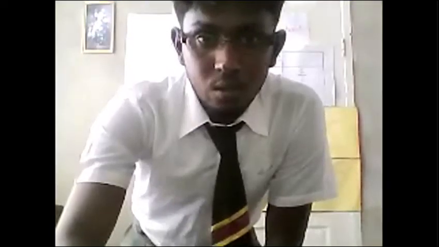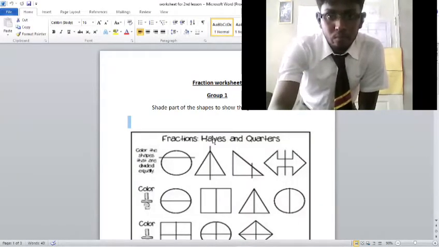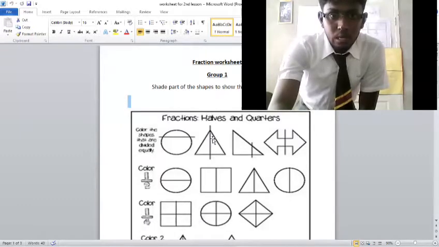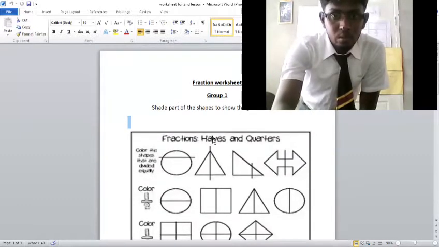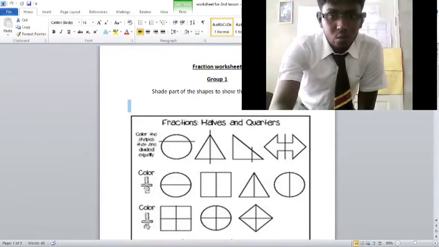Okay, good. So here we have the first worksheet. It says here, shade the part of the shape to show the given fraction. Good. So fractions half and quarter.